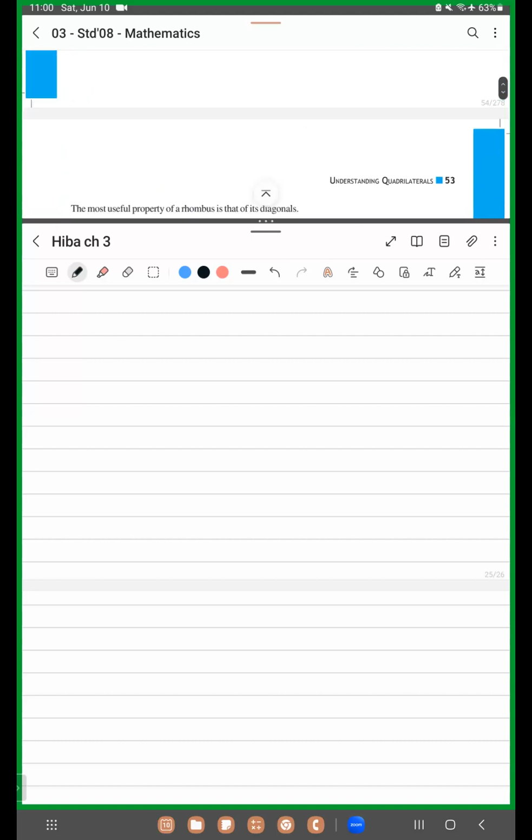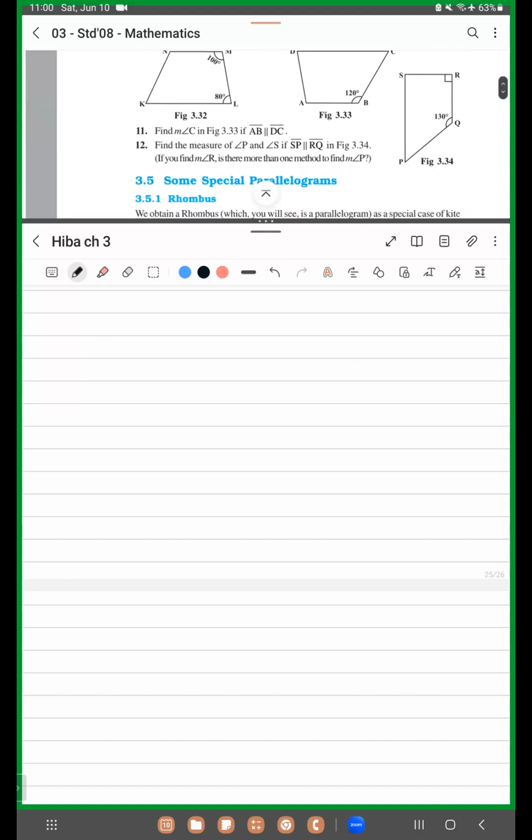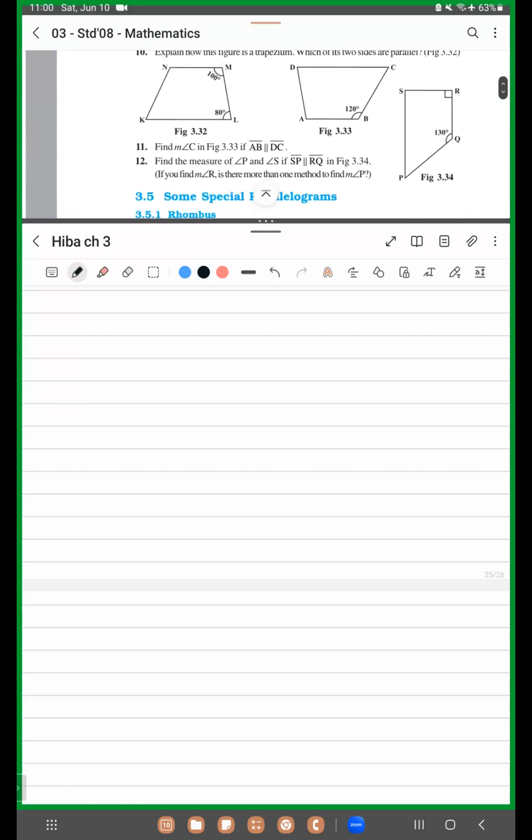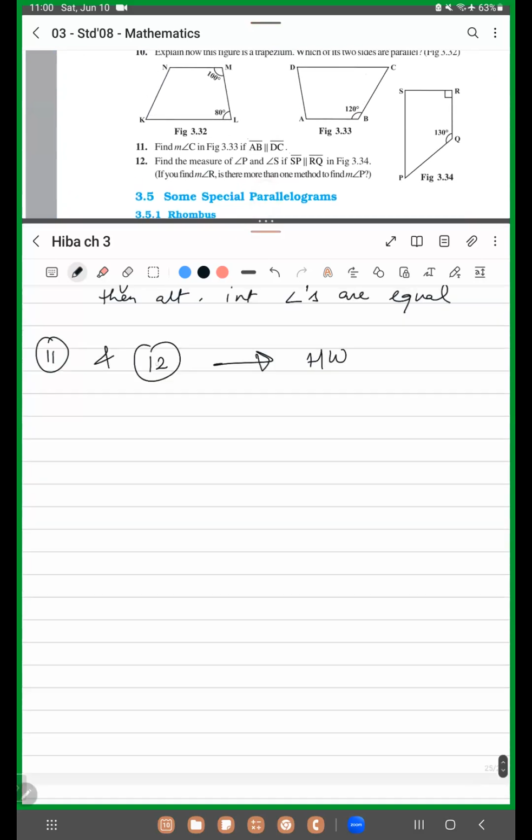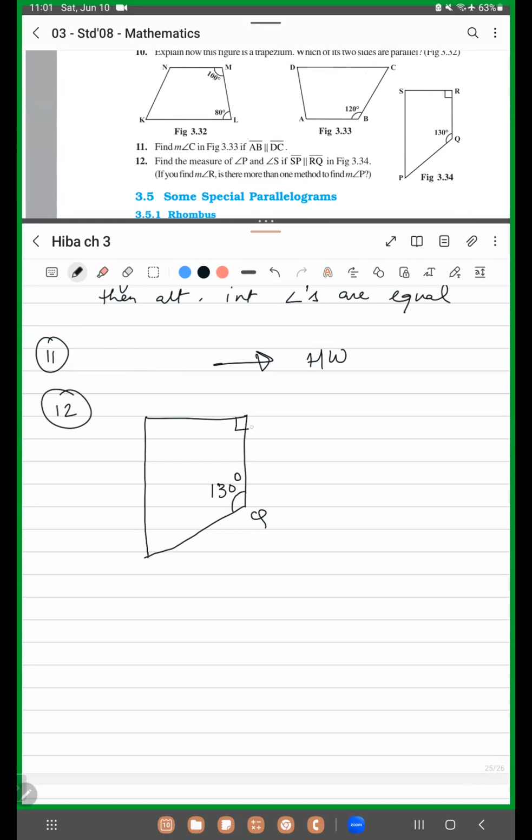Let's do the 12th one. So we have, this is Q, 130 degrees. This is R, this is S, this is P. They are saying you have to find angle P and angle S.